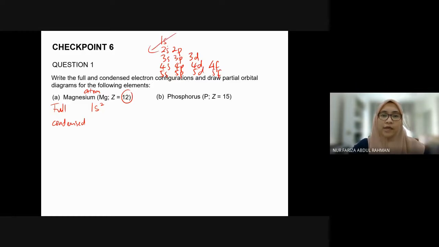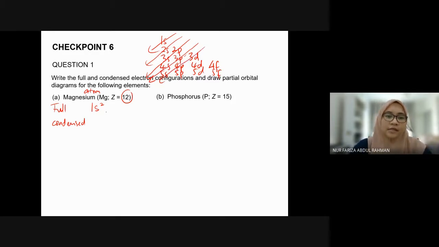Use diagonal arrows to guide you on how to place the electrons in the orbitals. So 2p, 3s, and then we have 3p, 4s, and then 3d, 4p, 5s.